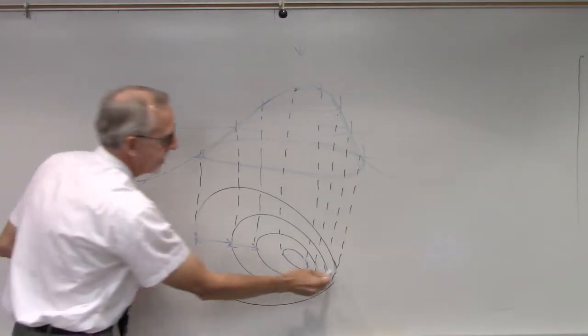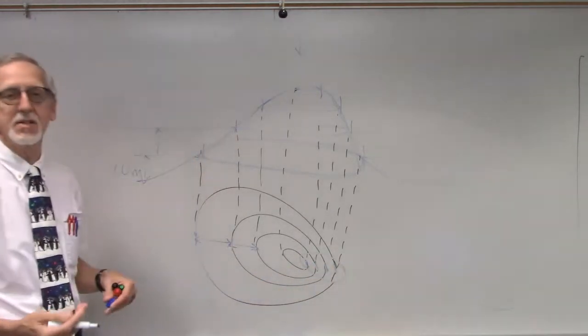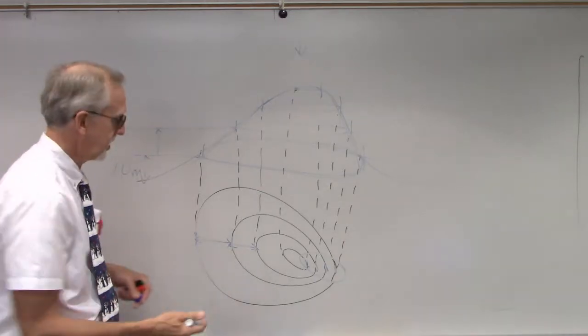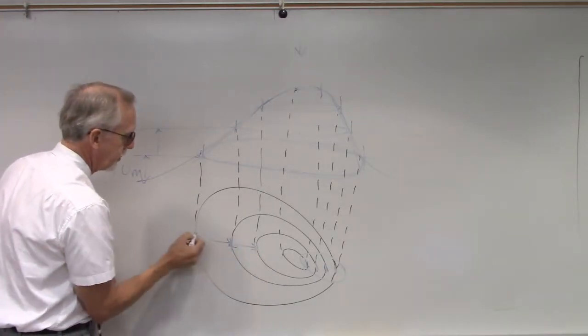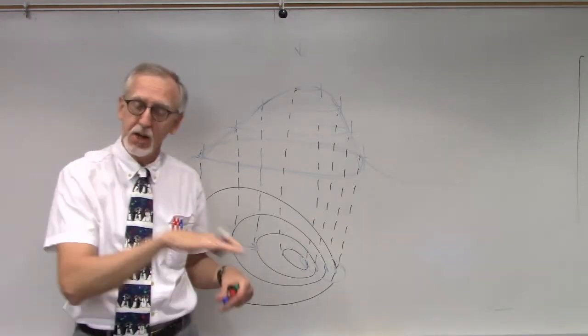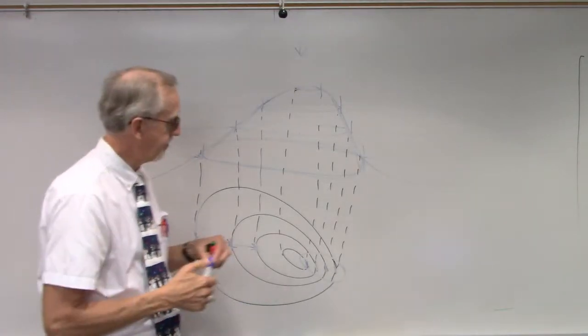So the fact that the lines here are close together tells us that we have a very steep part of the hillside, while the lines over here are further apart tells us it's a much less steep part of the hillside. Okay?